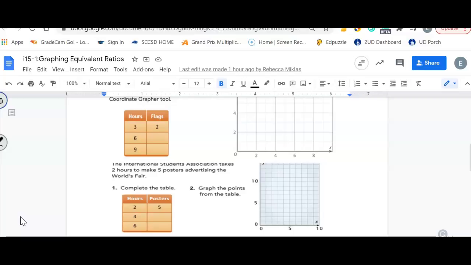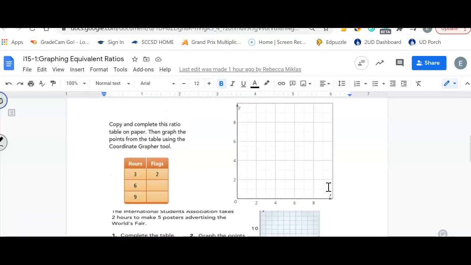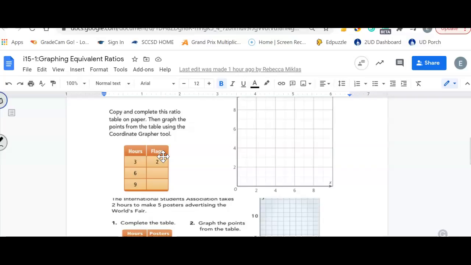If they are labeled, they could find your ratios and understand what the ratio means. So, if you're a little confused, the x-axis right here, what does that represent? Hours or flags? What does the y represent? Hours or flags? Please write that on your guided notes.